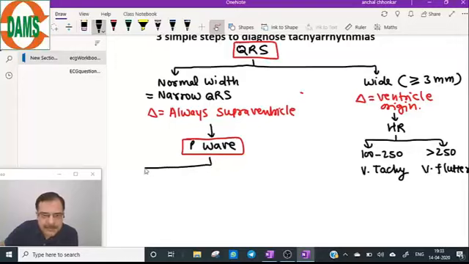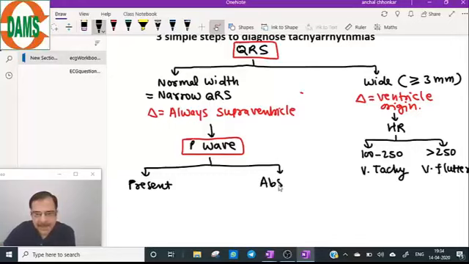The P wave can be present or absent. There are two results.